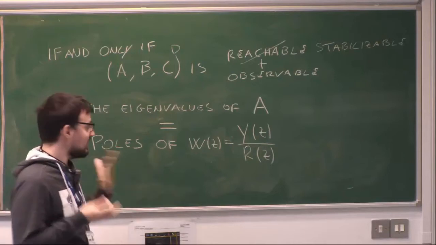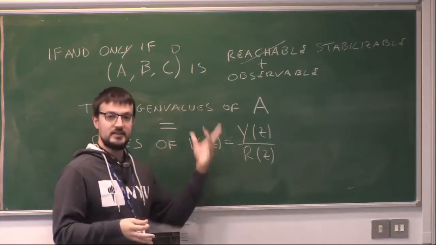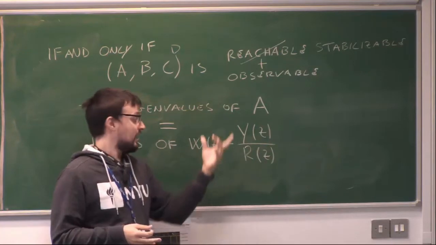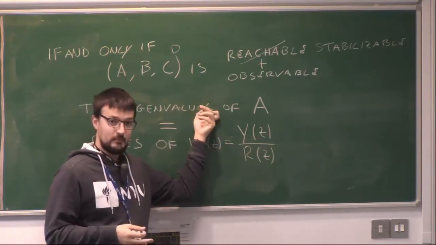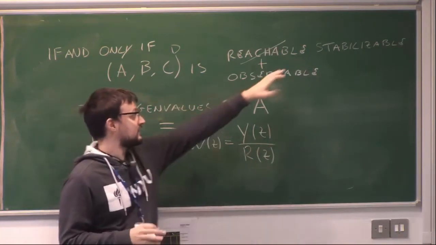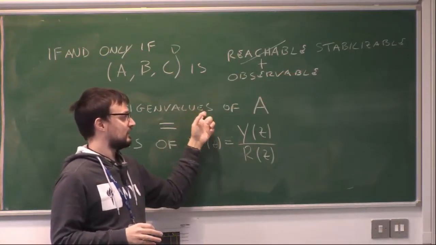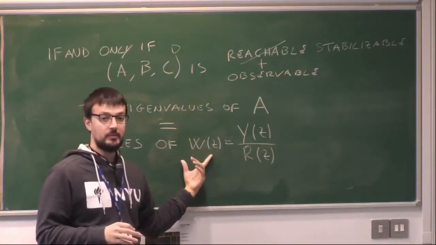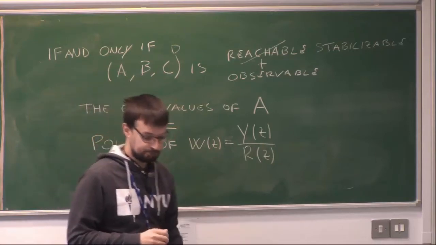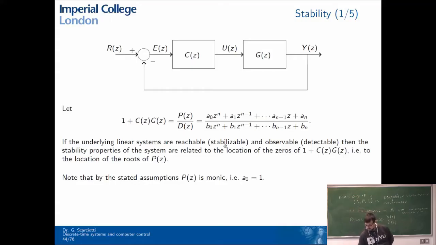And so if this is stable, the system will still be stable. Okay? If this is unstable, this will be unstable. But it cannot happen, if the system is stabilizable, that here there is an eigenvalue that is unstable that does not appear here. Okay? So we see that detectability is the equivalent of stabilizability in the case of observability.